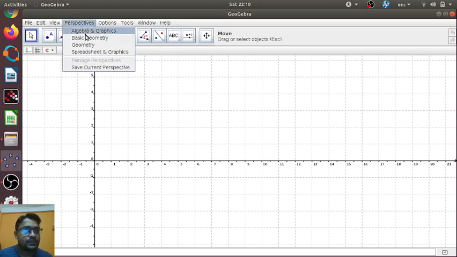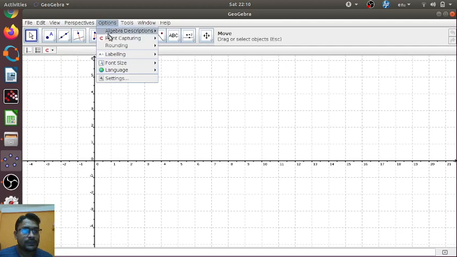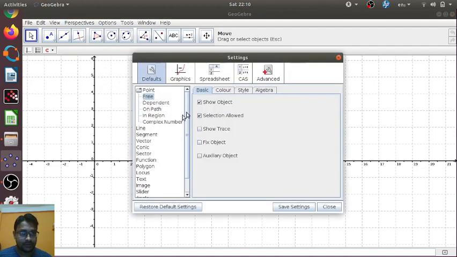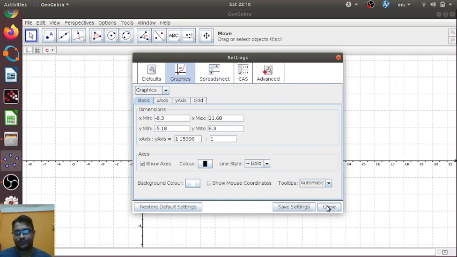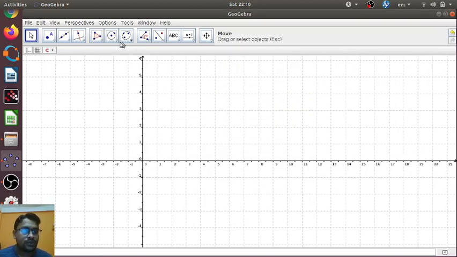Just wait. Settings. Yeah, graphics, x-axis, minimum x-axis. Let me just make it say minus 8, something like that. Okay, and then let me close it. Save settings. Yeah. So now we can draw it.